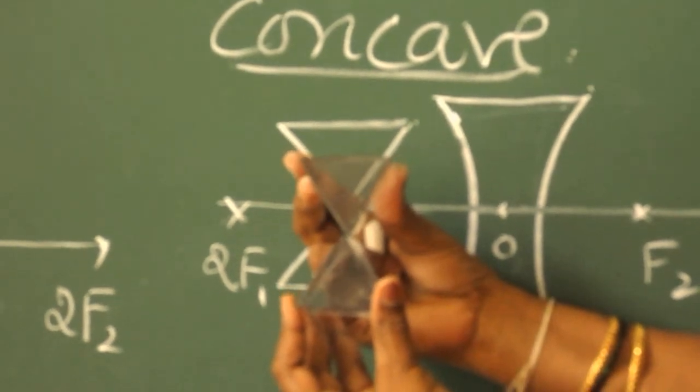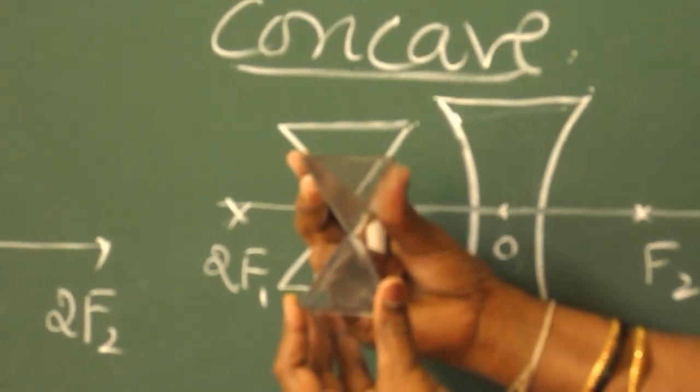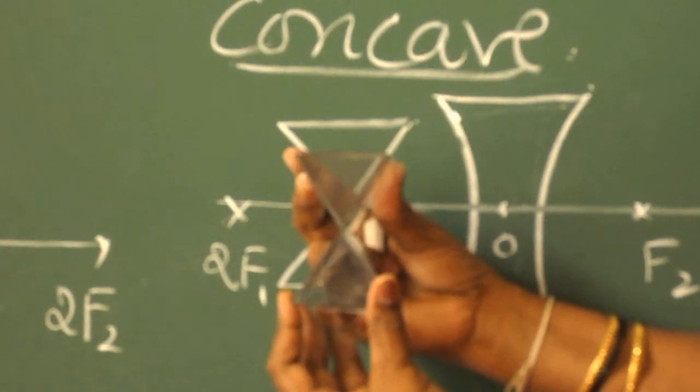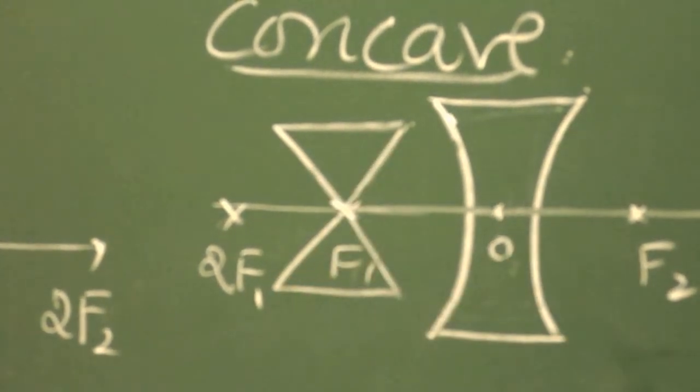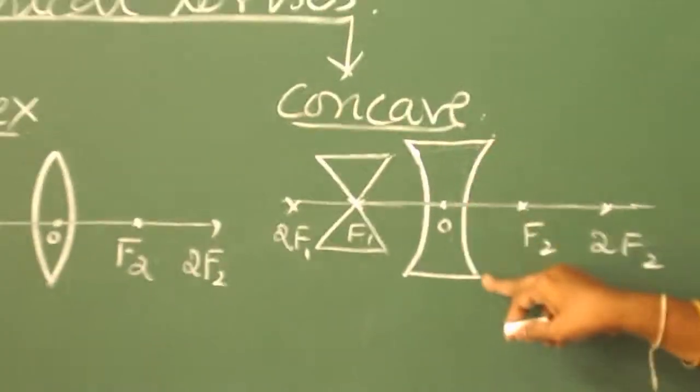Then you say it is double concave, because if you keep the same two triangular prisms one another at the edges, what does it indicate? Thinner at the middle, the edges are thick. You say it is curved at the center part and bulged at the edges. For that reason, we say it is a concave lens.